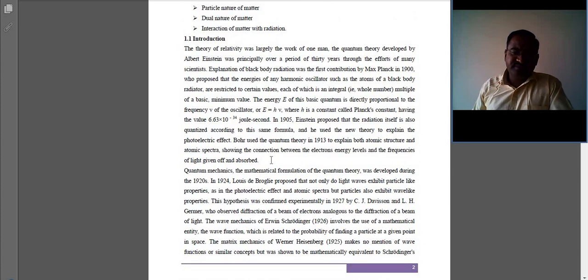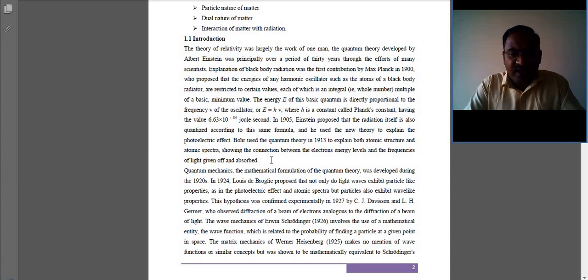We know the Einstein energy equation. Einstein gave the energy equation E is equal to mc square.